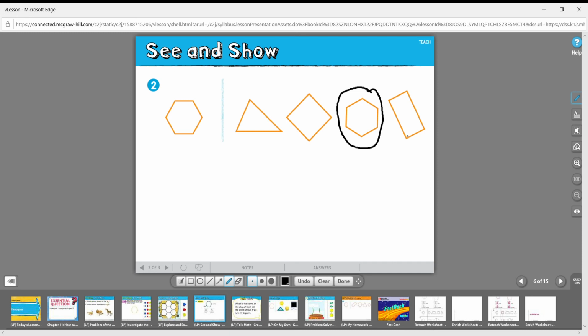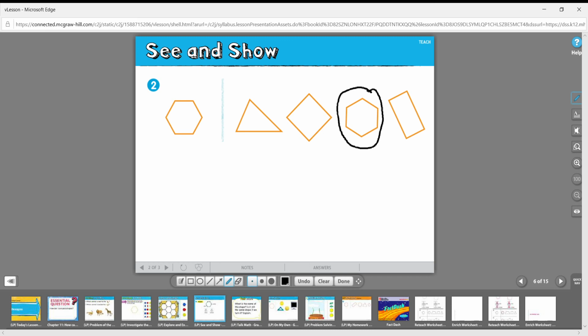That's a rectangle. 1, 2, 3, 4 sides, but 2 are longer and 2 are shorter. And 1, 2, 3, 4 vertices. So this is what you do on the See and Show page. You name the shape, describe it, and then compare the shape to each shape or object in the group, and circle the shapes that are the same.